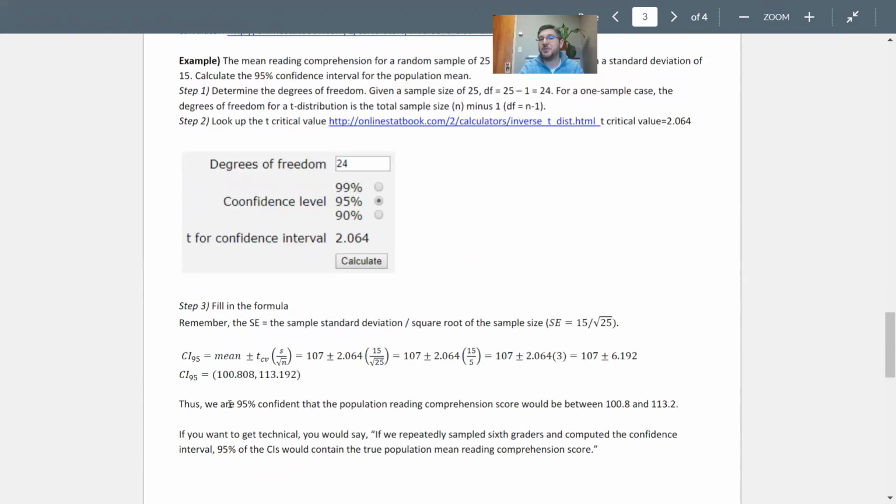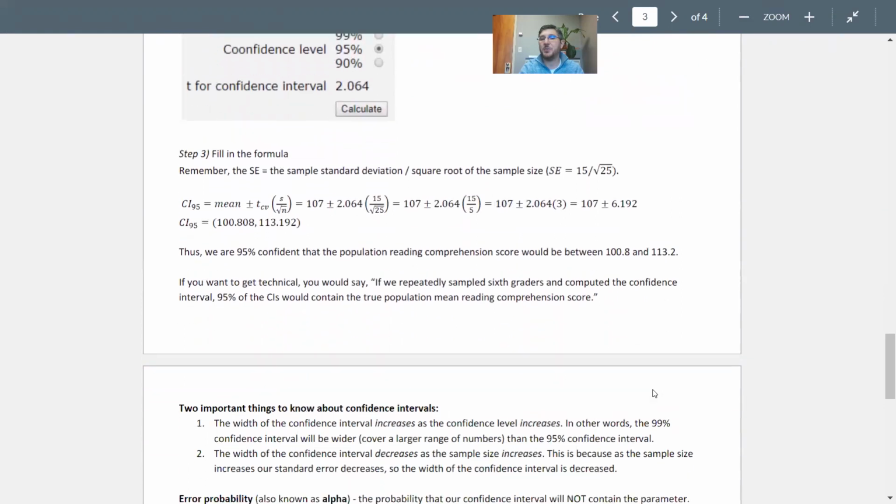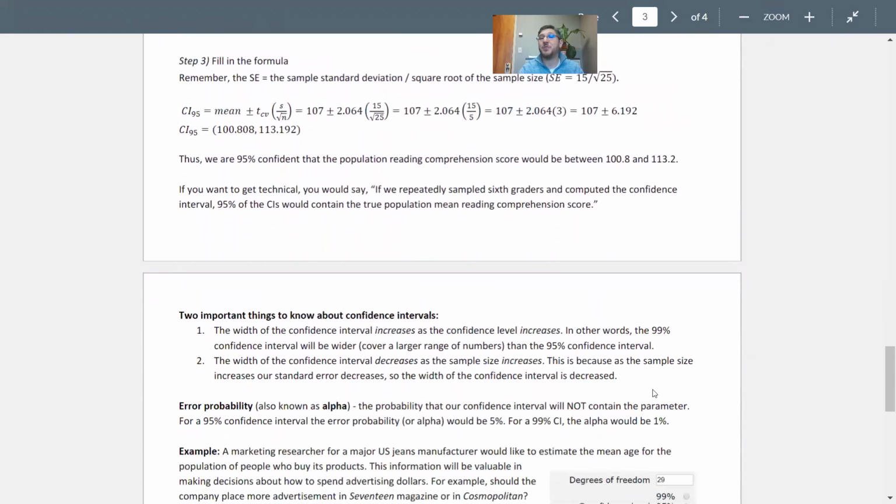So we're 95% confident that the population reading comprehension score would be between 101 and 113. Technically, what this is saying is that if we repeatedly sampled sixth graders and computed confidence intervals, then 95% of those confidence intervals would contain the true mean reading comprehension score. That's what we're actually 95% confident about.